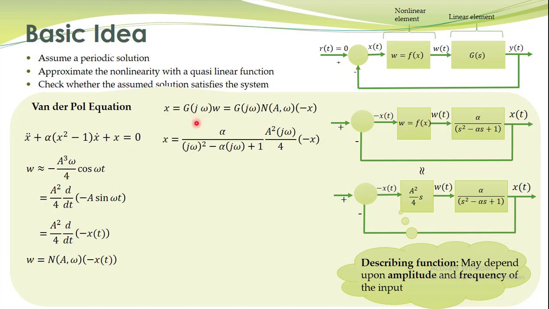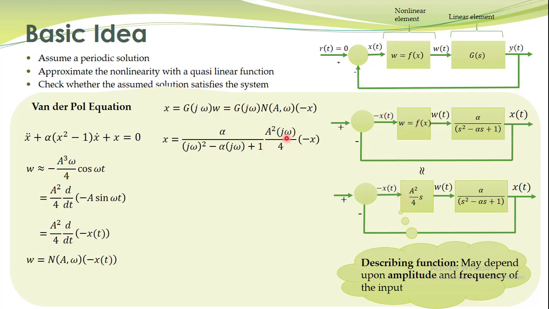This equation can be rewritten in this form by simply substituting G of j omega over here. This is G of s. G of j omega can be obtained by substituting s equal to j omega, which is substituted over here, and then this describing function is equal to a squared by 4 into s.